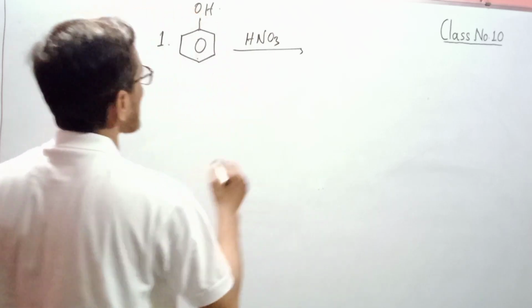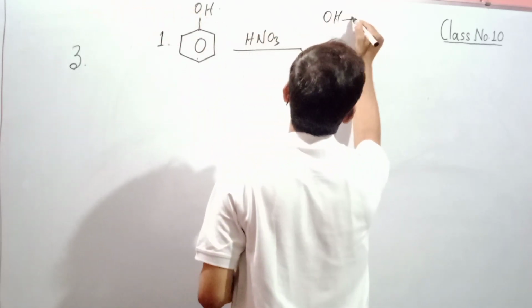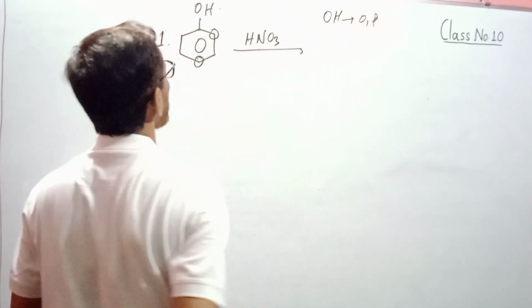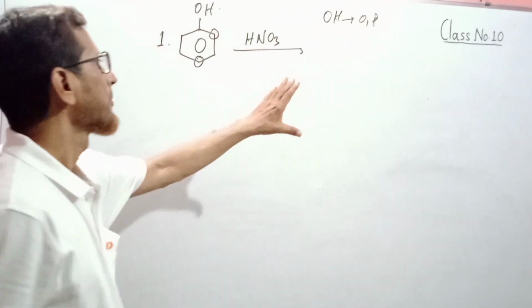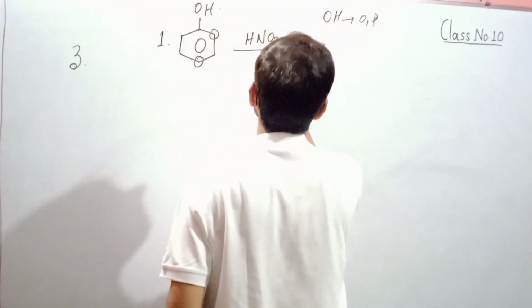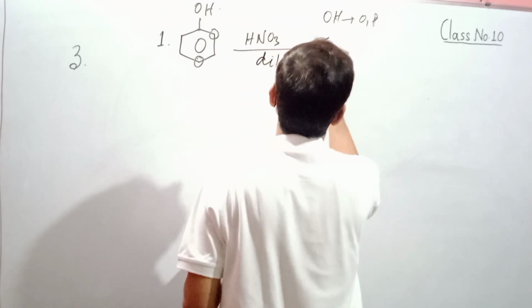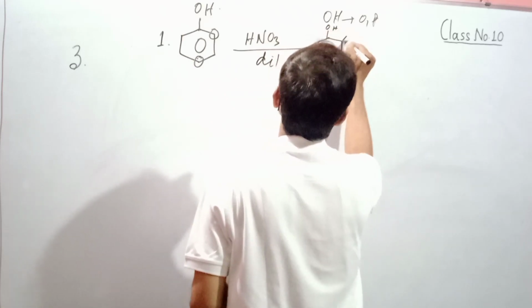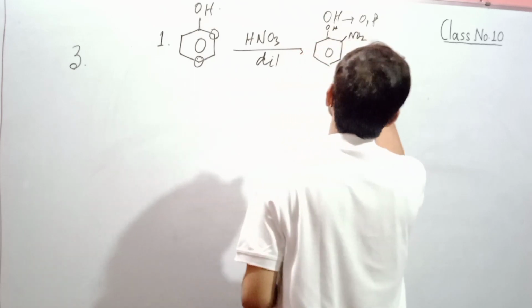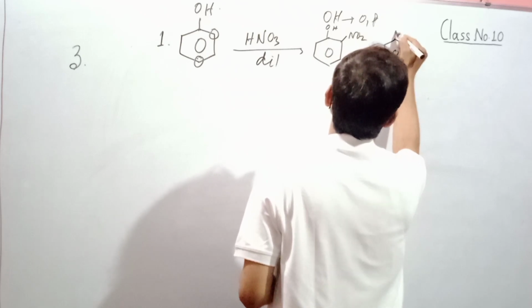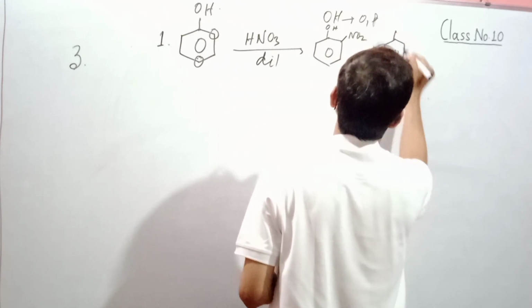One thing I have to mention here, that OH is an ortho and para director. At the ortho and para positions there will be electron density, and the electrophile will enter in these two positions. If it is dilute, the nitro group enters in both positions, once in the ortho position and another time in the para position.